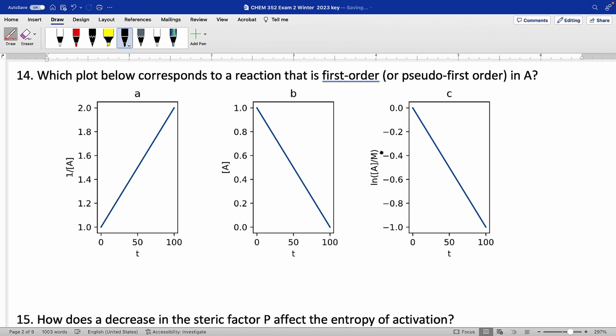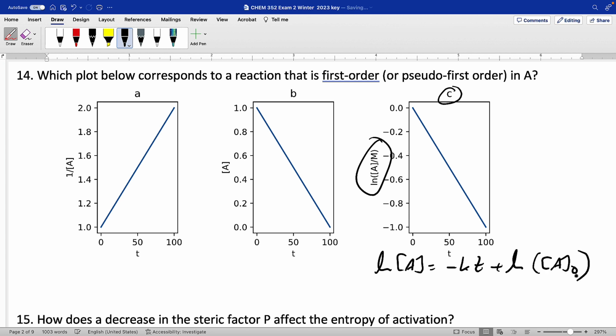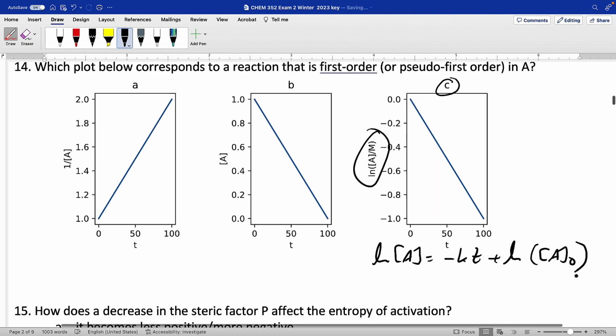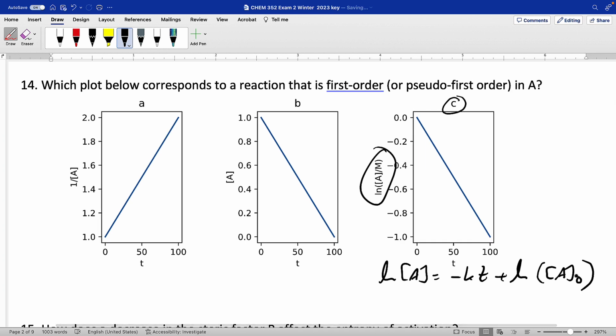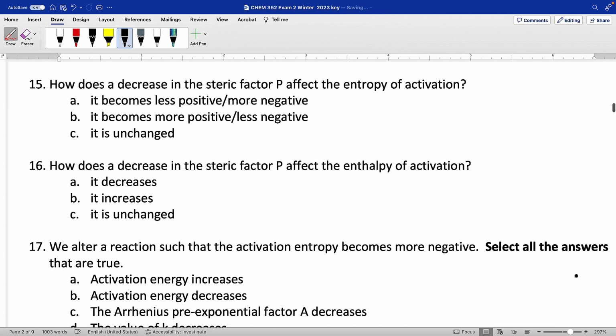So we can see we've got a log plot over here, and we know the integrated rate equation for a first order reaction, if the reactant's A, we could say that the log of the concentration of A is equal to negative kt plus the log of the initial concentration of A. So certainly we'd expect to get a linear plot for a first order reaction, or a reaction that we're running in a great excess of the other reactant, and so its concentration is not changing, so now we're pseudo first order in A.